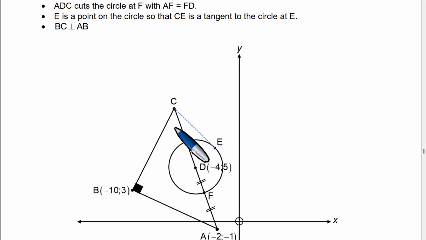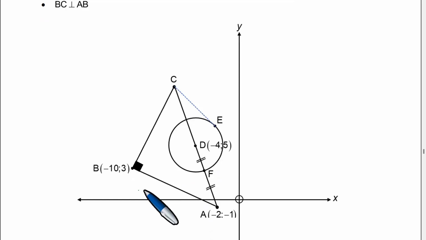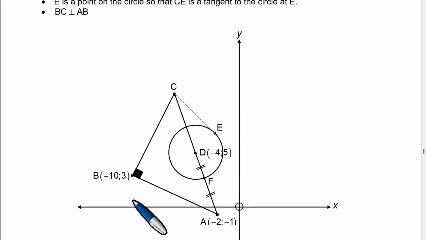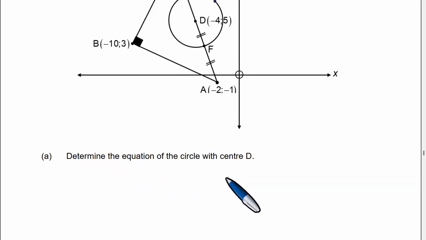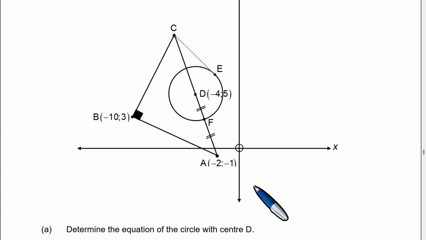Right, if BC is perpendicular to AB, let's see where BC is. Here it is. Determine the equation of the circle with center D. Let's check that one.